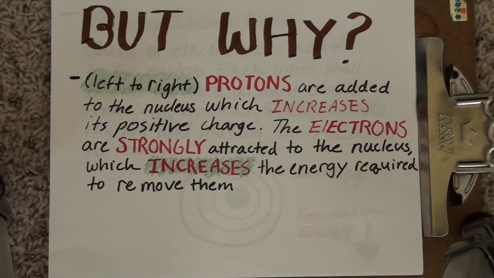You might be asking why. Why does the ionization energy increase moving left to right? This is because moving left to right across a period, protons are added to the nucleus, which increases its positive charge. For this reason, the negatively charged valence electrons are more strongly attracted to the nucleus, which increases the energy required to remove them.